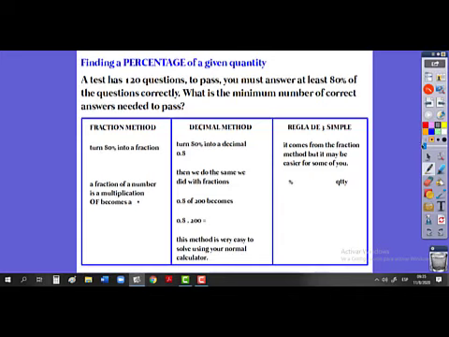So we will use this problem as an example. It says that a test has 120 questions, and that to pass, or to have a passing mark, you need to answer at least 80% of the questions correctly. So the question is, what is the minimum number of correct answers needed to pass?